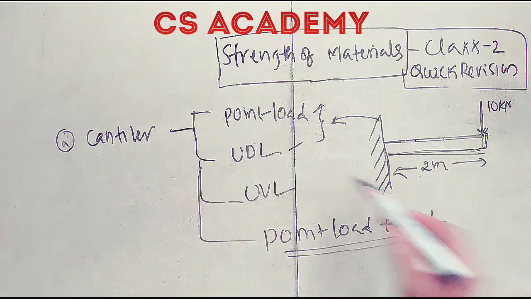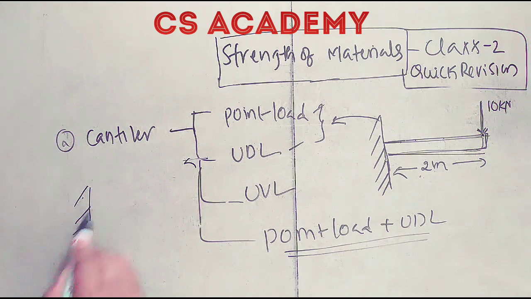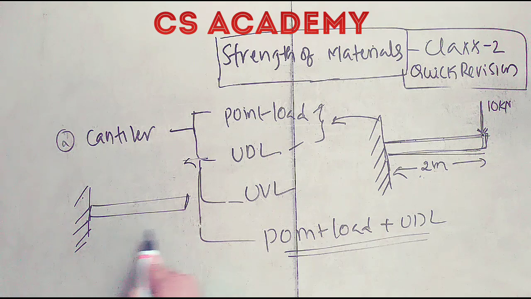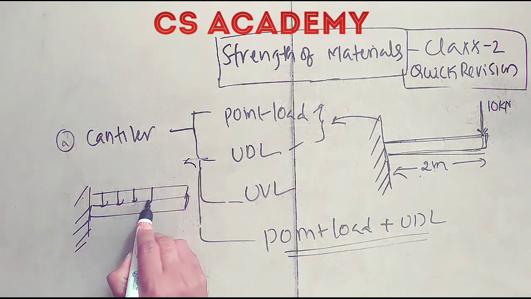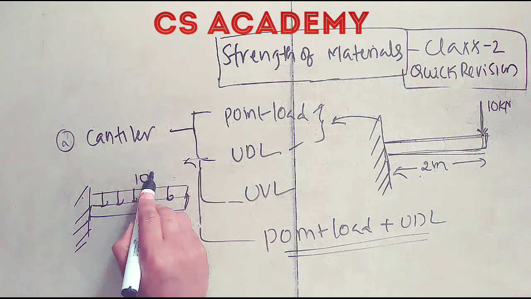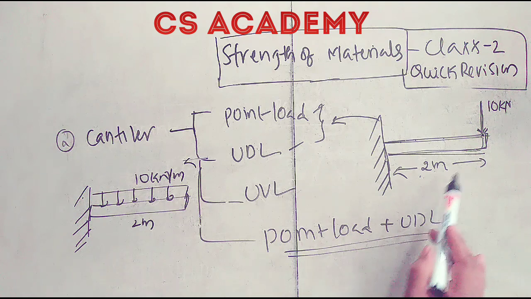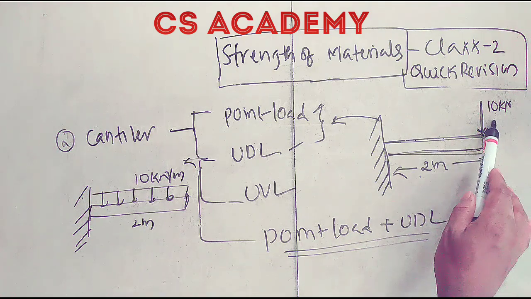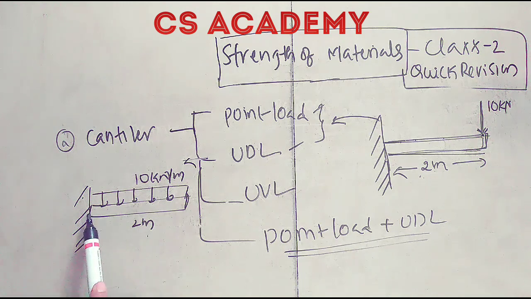The next one is a cantilever with UDL. We are just discussing what UDL is. UDL means a uniformly distributed load, for example 10 kilonewton per meter. Whatever the load is, it is uniformly distributed throughout the length.